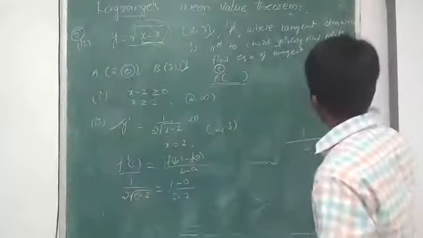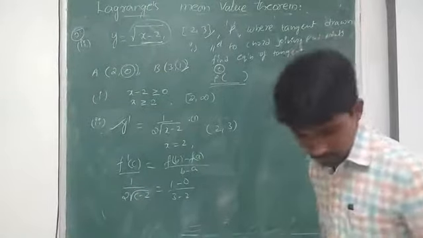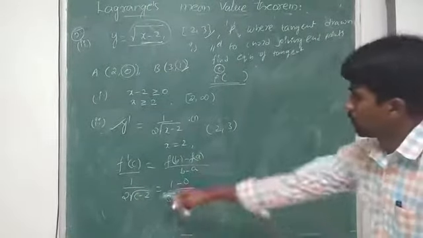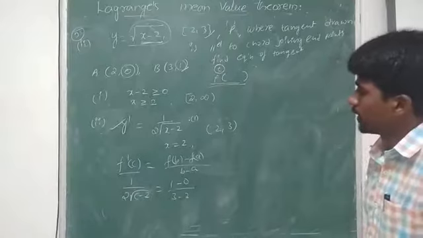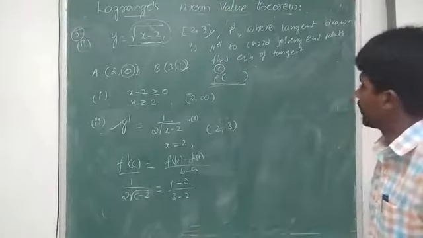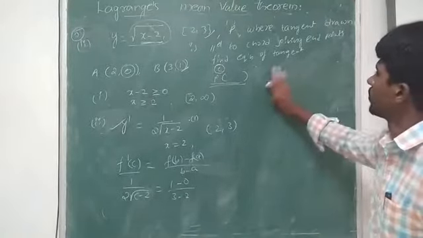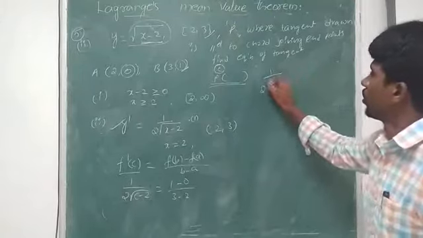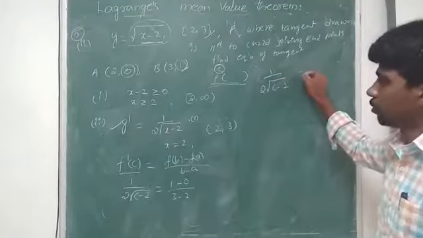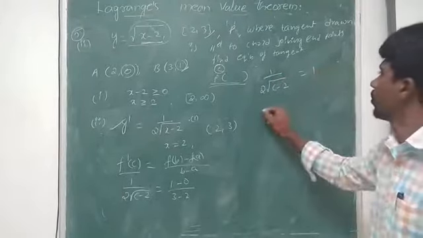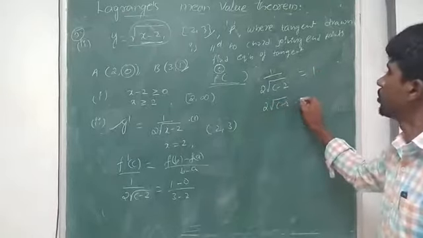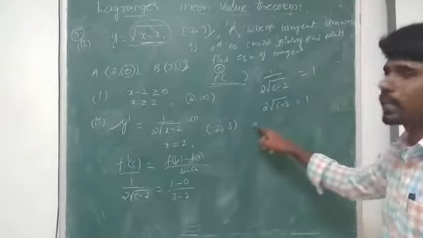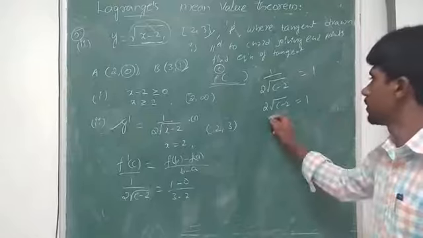Now 1 by 2 root c minus 2 is equal to 1 by 1, nothing but 1. So 2 root c minus 2 equals 1.